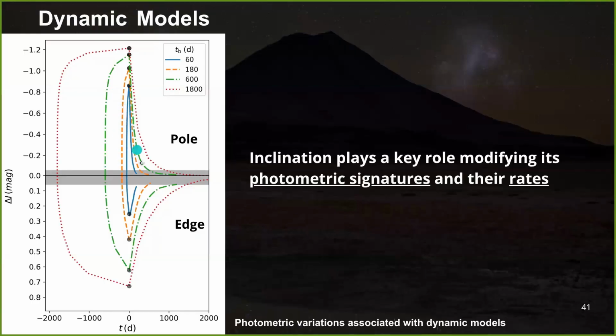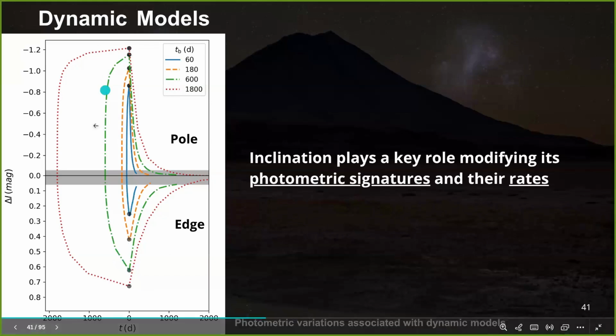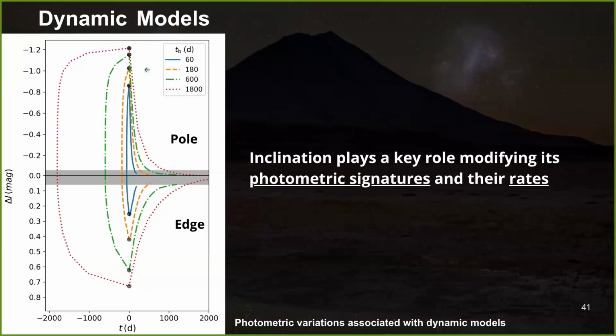If we see this disk emerging from a pole-on point of view, the brightness can increase by a factor of 1 or more, while in the edge-on side, we see the brightness decreasing, and this decrease is smaller than the pole-on signal. So the inclination controls the photometric signature and how fast those signatures change with color.